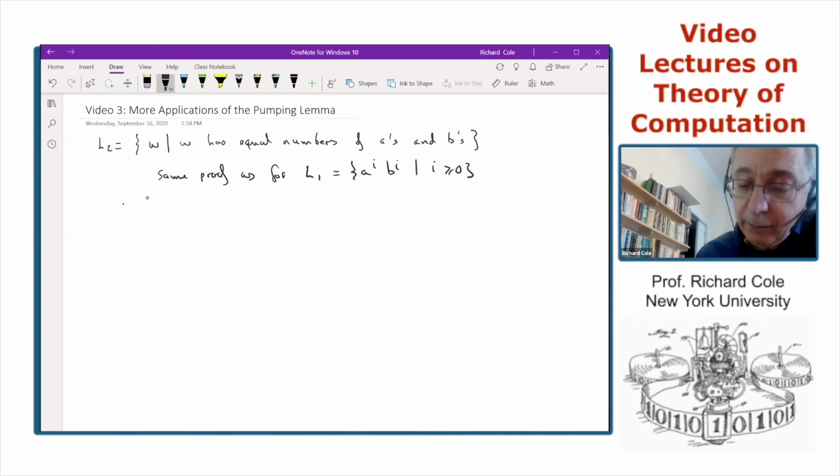So we do this by considering the string S is A to the P, B to the P. And pumping, as we saw in the proof for the language L1, produces a string with unequal numbers of A's and B's, and hence a string that's not in the language L2. So that would be one way we could prove it, but I want to give you an alternate proof.